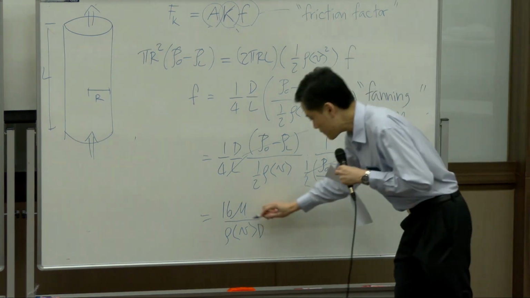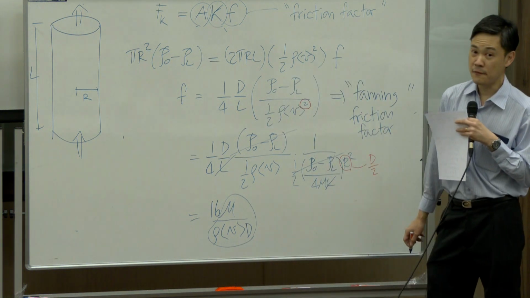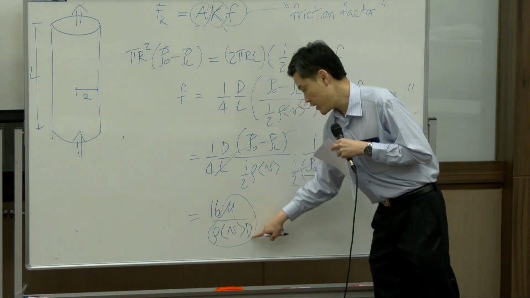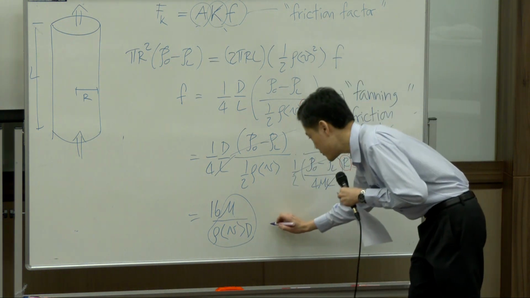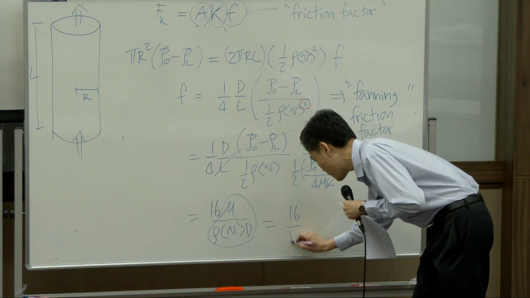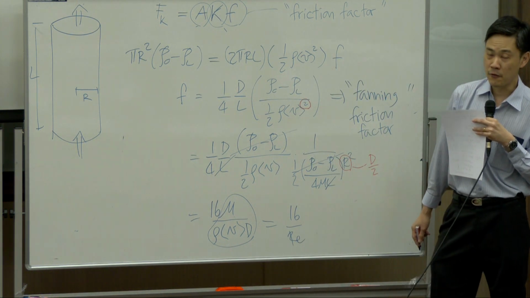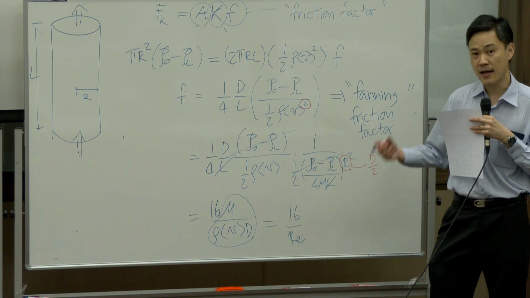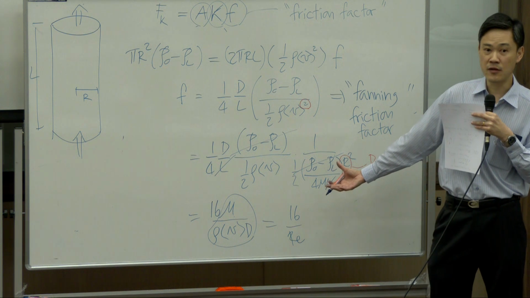So from now down here, you can see what is very familiar. Rho D V over mu, that's the Reynolds number. So at the end, you get 16 over Reynolds number as the friction factor for flow in a circular, smooth pipe, just like what you learned in unit operation 1.